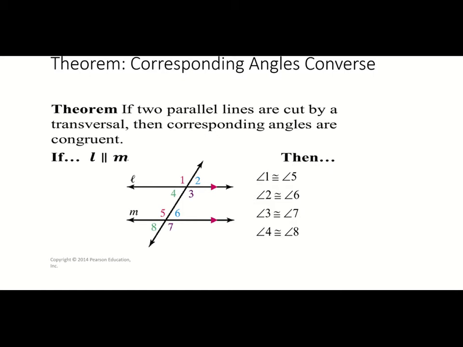If I were to cut down the middle of that transversal between the two parallel lines and lay these 4 angles on top of these 4, 1 and 5 are a pair of corresponding angles, so they have the same measure. 4 and 8 are in the same position, so again, they have the same measure. 2 and 6 would have the same measure, and then 3 and 7.